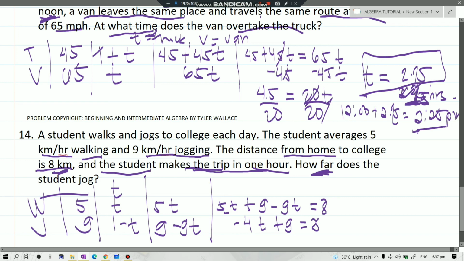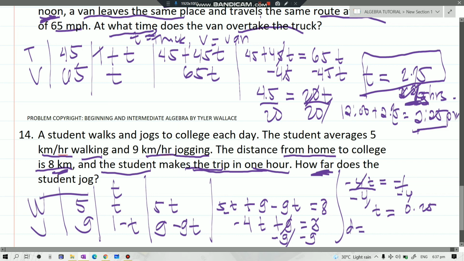Isolate, we have negative 9 and we have negative 9. So, we will get negative 4t is equals to negative 1. So, para maging positive yan, divide both sides by negative 4 and our time is 0.25.